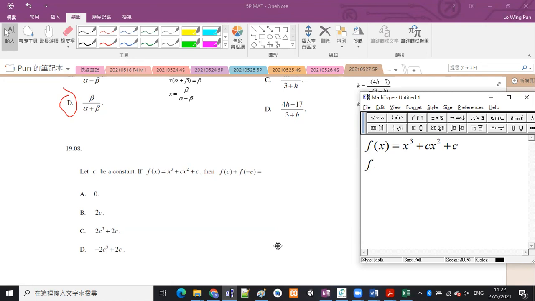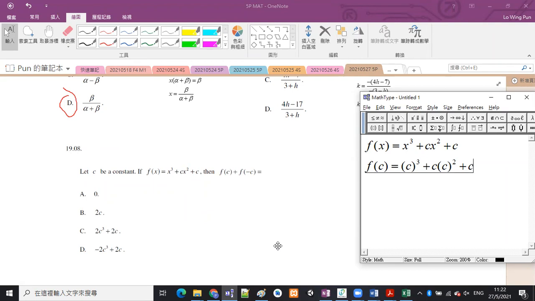Okay, if f(x) is equal to this, then f(c) is c to the power 3 plus c times c power 2 plus c. Can you get what I've done? Just replace all the x by c. But the c is still here, unchanged. Okay, it's still kept.